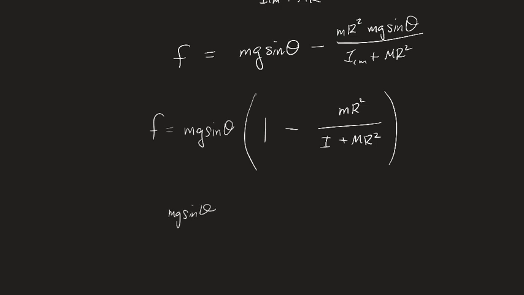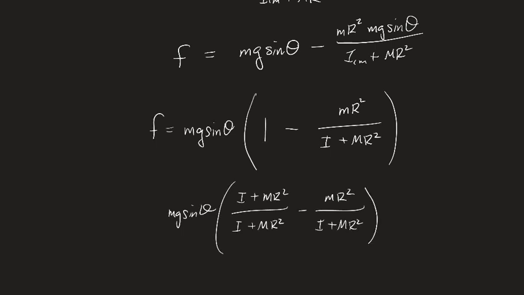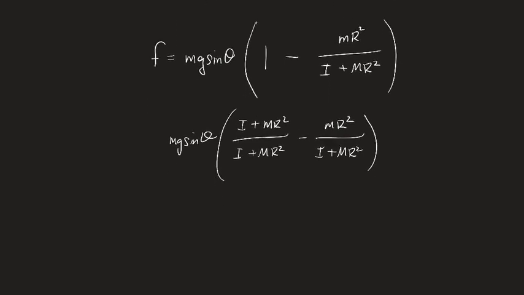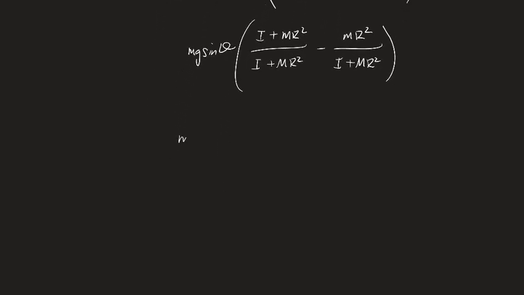Mr. Shelton, why? It's so messy. You see I got common denominators? Okay, just one more thing. Combine them together. Do you see how the mr squareds on top will cancel? And I get I over I plus mr squared.